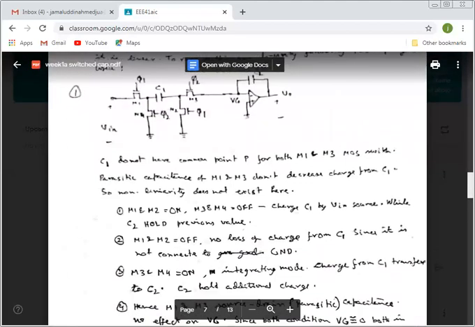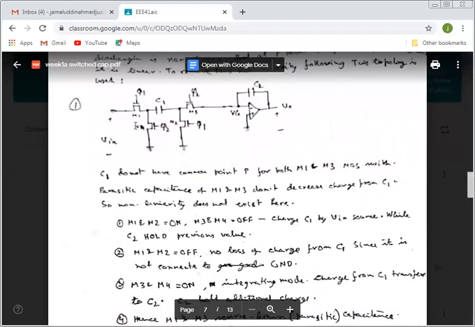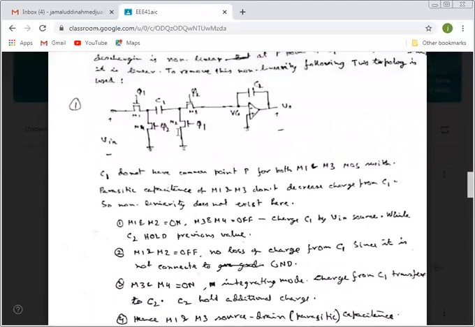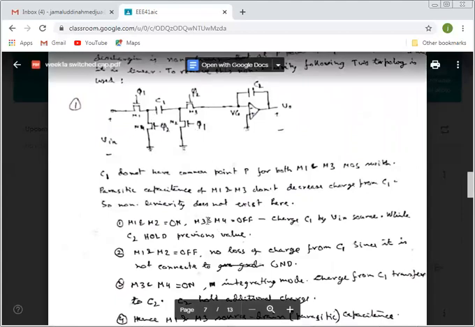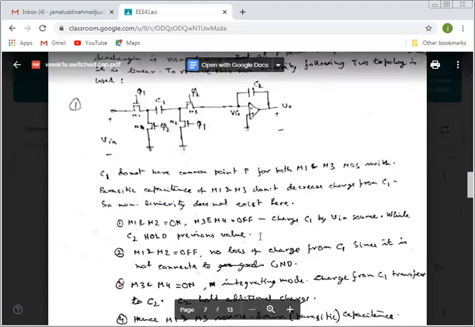So how does it work? This is M1, this is M2, this is M3, and this is M4. So when M1, M2 are on, that means phi 1 is on, M3, M4 are off, and C1 is charged by Vin. So it charges C1, while C2 holds the previous value, because this one is off.